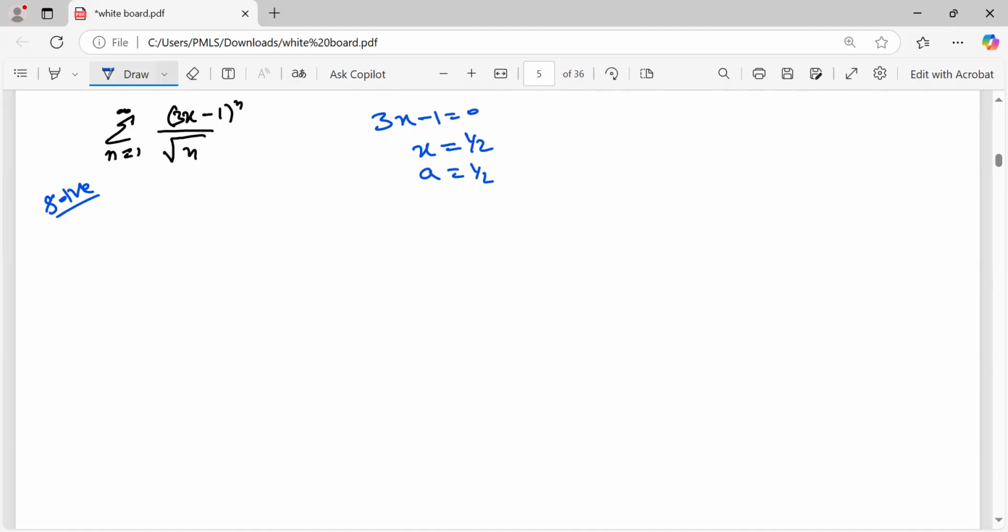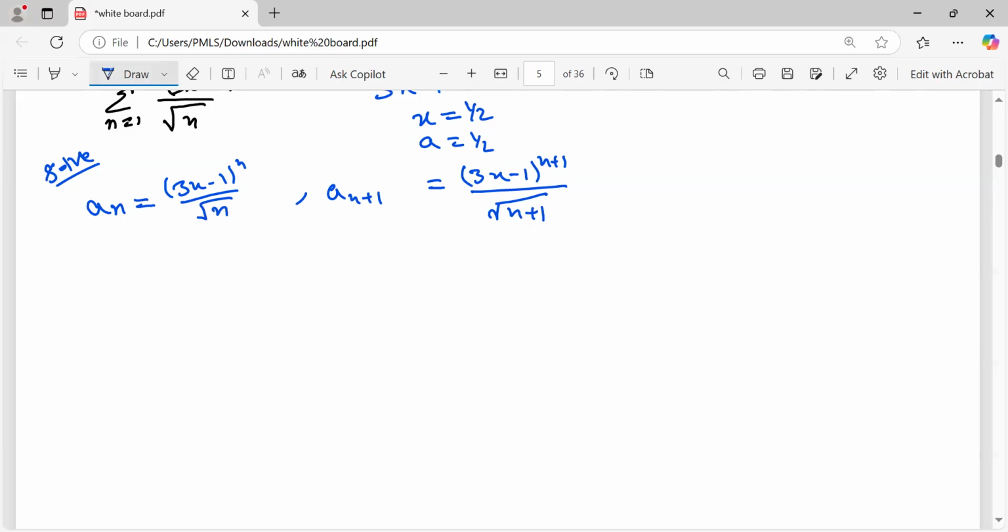Now for finding the interval of convergence or radius of convergence, first of all, an will be equal to what? (3x minus 1) raised to power n over square root n, and an plus 1 will be (3x minus 1) raised to power n plus 1 over square root of n plus 1.